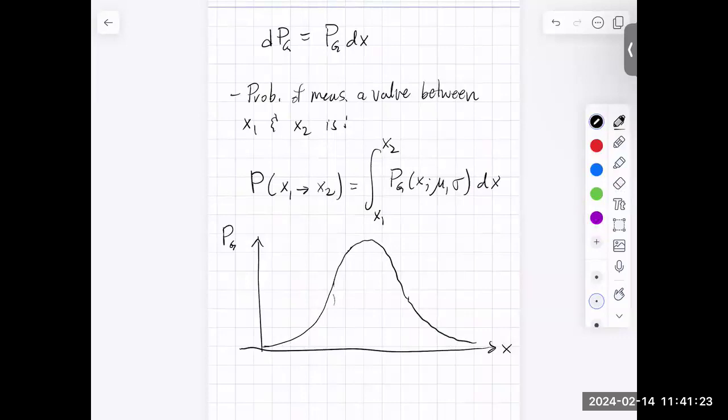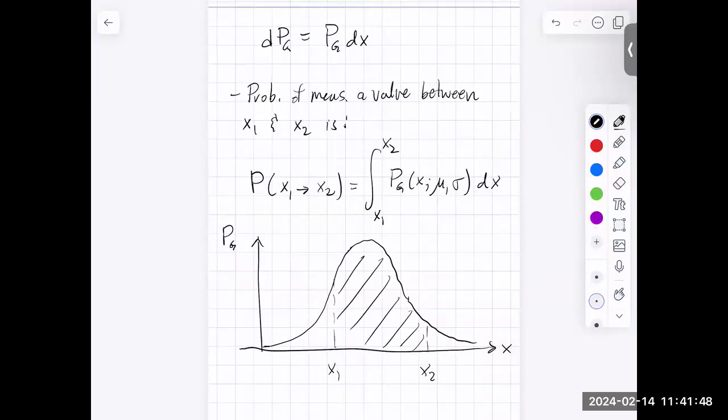And so we could pick some x1 value here and x2 value here. And the probability of a measurement falling between these two extremes is just given by the fraction of the area. So this might be like 80% of the area or something, which gives you an 80% probability.